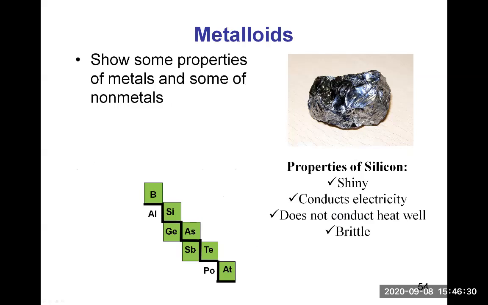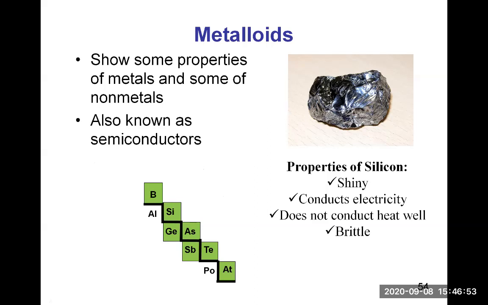Then the metalloids, as we said, show properties that are in between metals and non-metals. So they are sometimes more like metals or sometimes more like non-metals. They are also known as semiconductors. And silicon is a very good example of it.